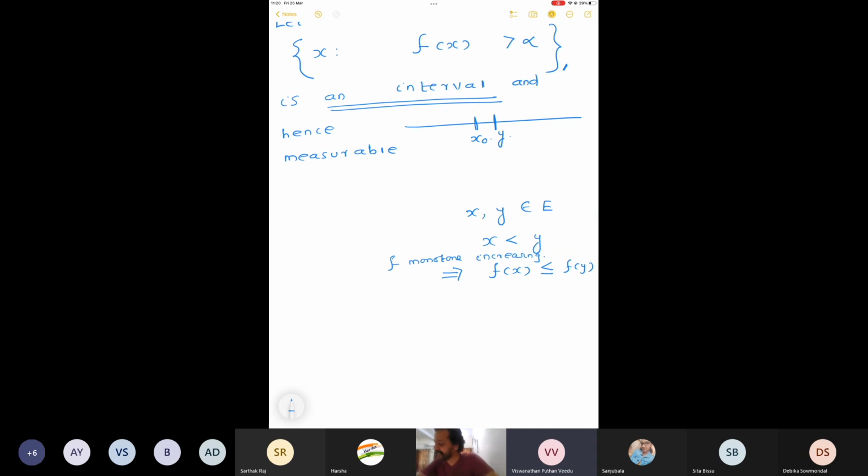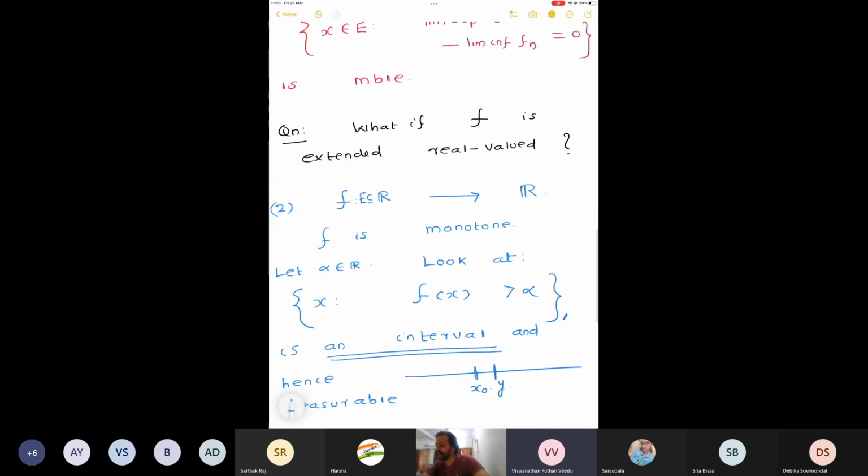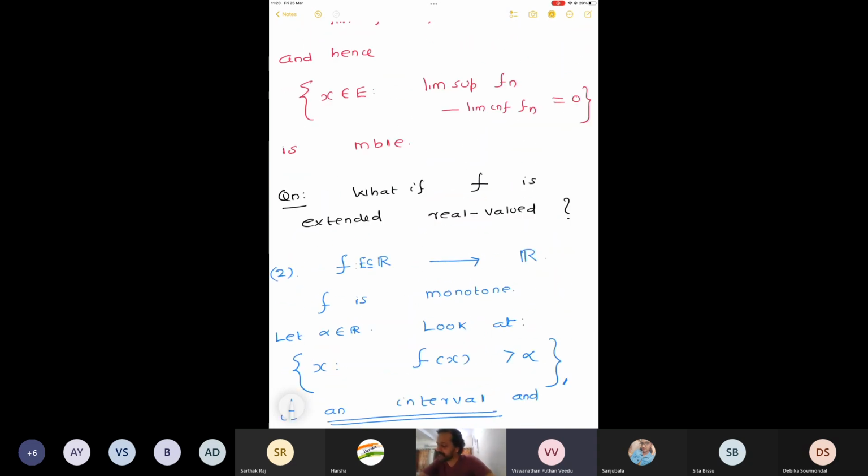So it is not necessary that to define a monotone function, the domain should be an interval. Only thing that we need is whenever x and y are in E, x is less than y, then I should be able to say f of x less than or equal to f of y. So monotone functions can be defined on a set which is not an interval as well.